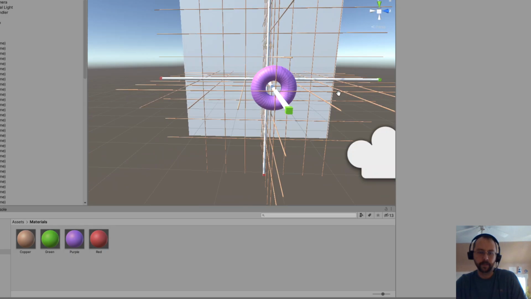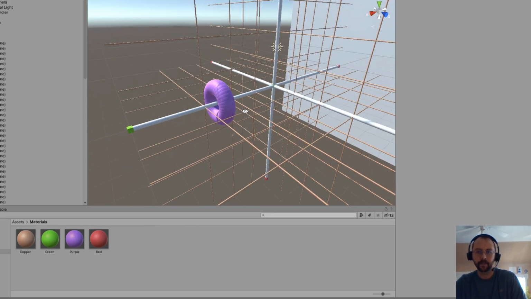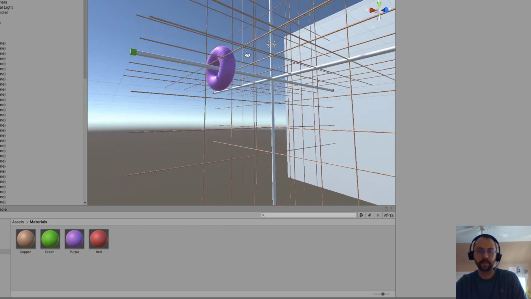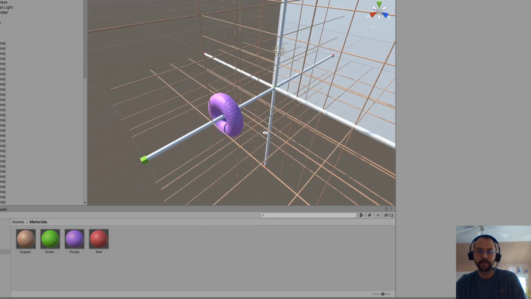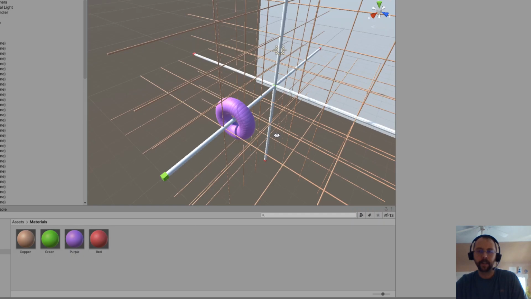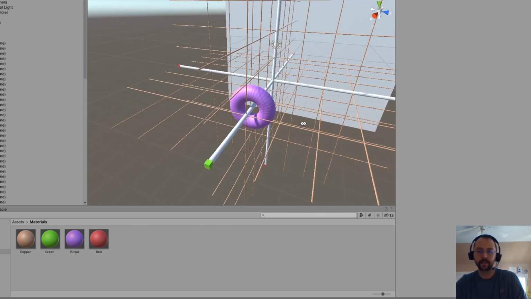Hopefully this is a much smaller, simpler graph, so it's not going to slow down my computer. You'll see it is a circle, and it is 5 units in the positive direction along the x-axis, and this shape lies on the YZ plane.